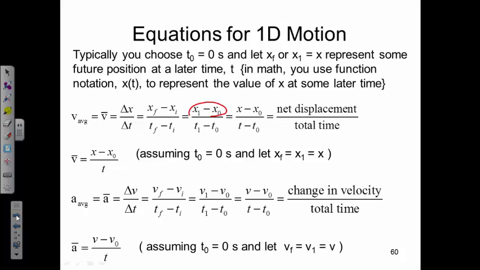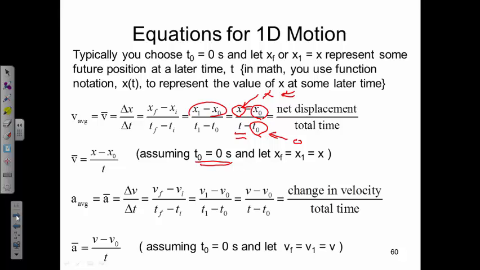In math class, we typically would replace an x1 with just a plain old x, some future value of x. In physics, for time 0, we typically use t0 equals 0, so we zero that out. This time is some time in the future, and this x is just some other value of x on the graph we'd like to find.